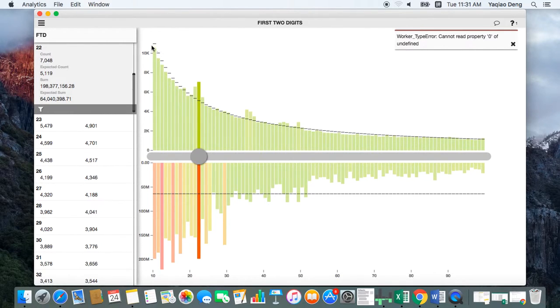So the smaller numbers have a higher frequency and the larger first two digits will have a smaller frequency, but the summation of each first two digits will be almost the same. These dotted lines are the expected line. So this is a descending frequency, but this remains the same for the summation.